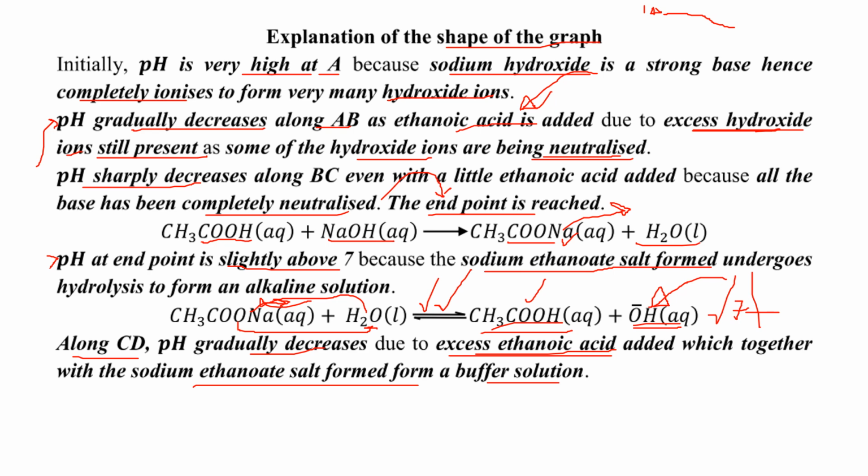So here we have an excess of the weak acid, and you also have its salt, which is made from a strong base. The two constitute what we call an acidic buffer, and we describe buffers as solutions that resist change in pH when small amounts of acids or bases are added to them. So that's why pH is just gradually decreasing.